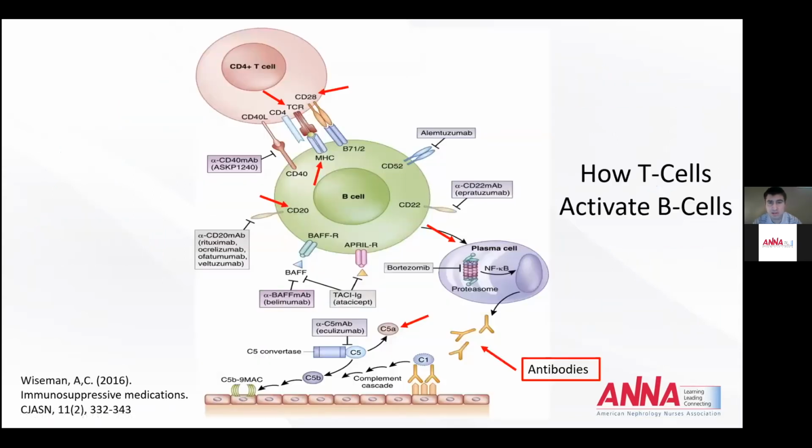This is a breakdown also. I took it from Wiseman, but I love it because it's a breakdown of how T cells activate B cells. I want you to pay note to my little arrows. As you can see, this pink looking cell, this CD4 T cell on top, has receptors. There's a bunch of receptors on T cells, and all immunosuppressive medications usually try to target pathways or binding sites.